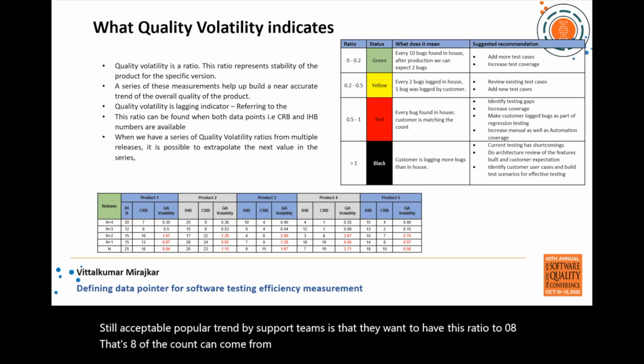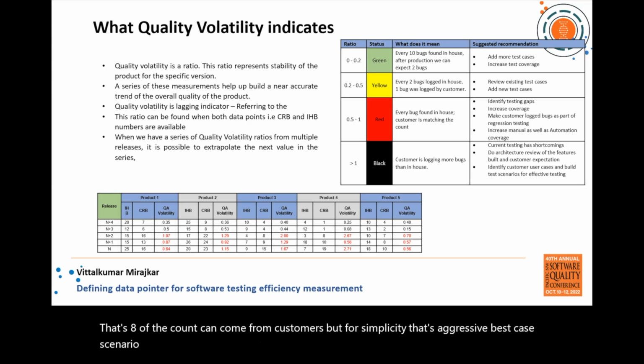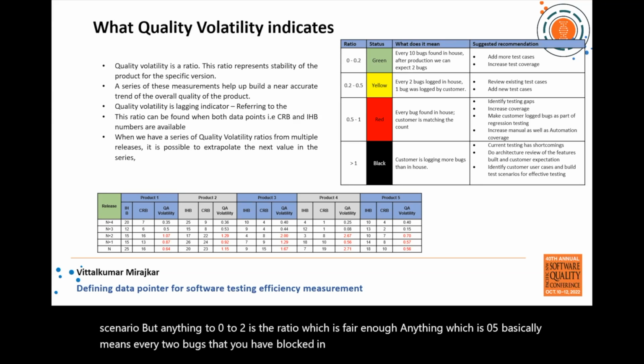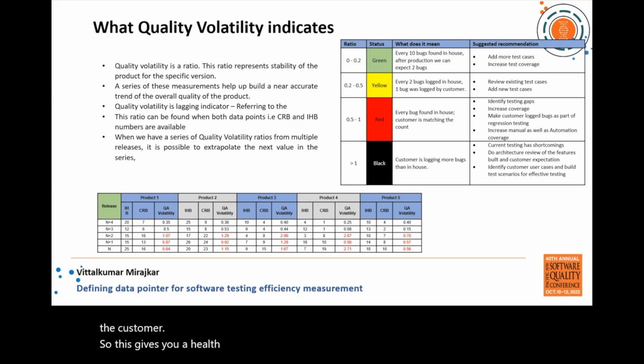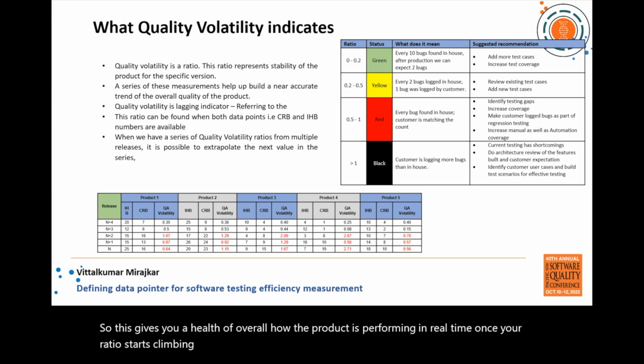But for simplicity, that's an aggressive best-case scenario. Anything from 0 to 0.2 is fair enough. A ratio of 0.5 basically means for every 2 bugs logged in-house, 1 bug is getting logged by the customer. So this gives you the overall health of how the product is performing in real time. Once your ratio climbs above 0.5, suppose it hits 1 or above, something is seriously wrong with your testing approach.